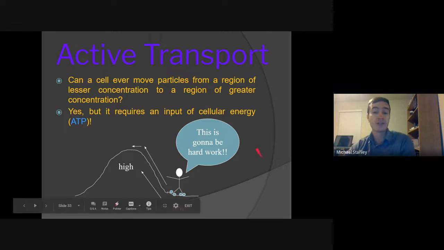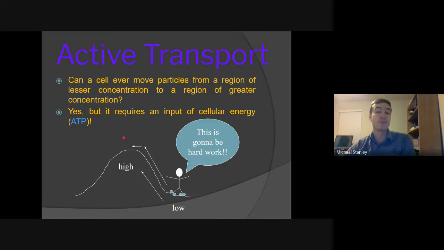The cell is going to need energy to push things from a low concentration to a high concentration area. That energy that it's going to need, you may remember it when we talked about the mitochondria last week. They make it, and it's called ATP. So ATP is a cellular energy source, and one of its uses is in active transport.